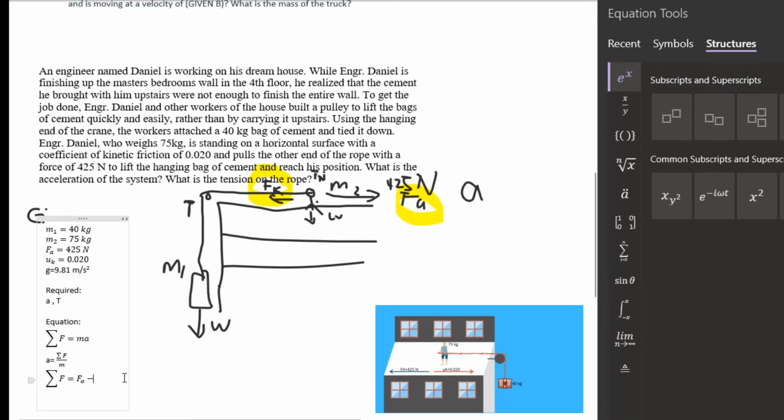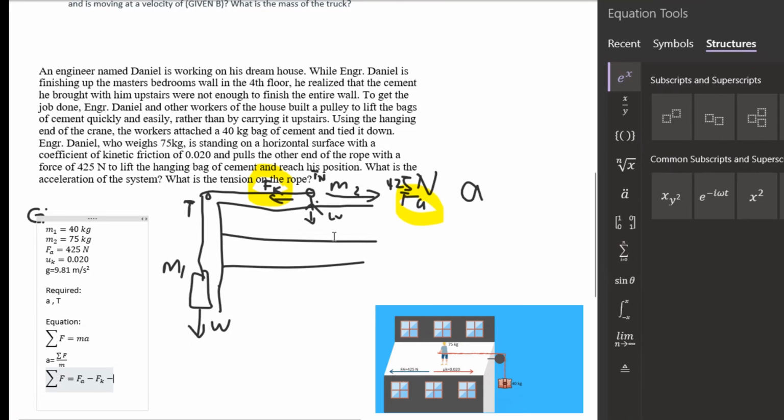So we should take note of that one, especially that it is the kinetic friction. Then lastly, the hanging object. The hanging object also exerts a force opposing the system, which is its weight.